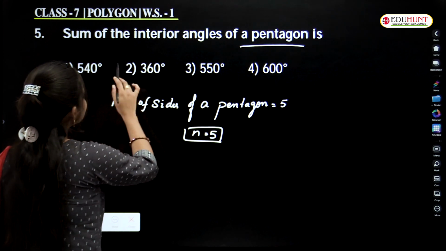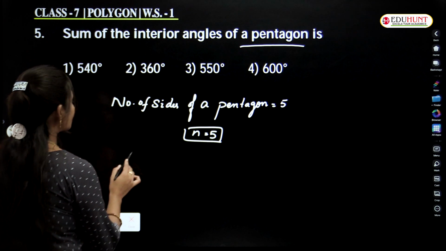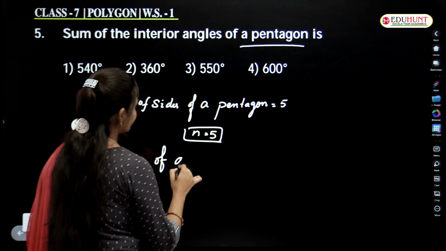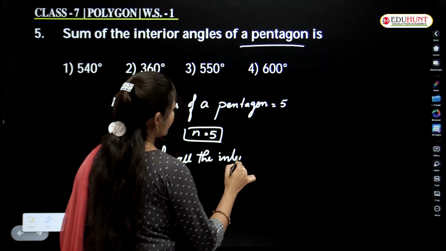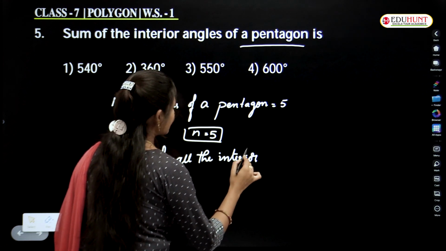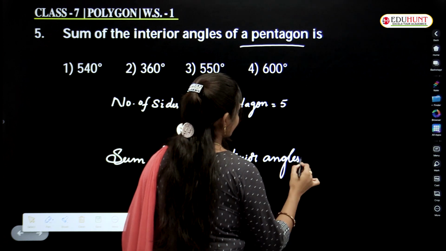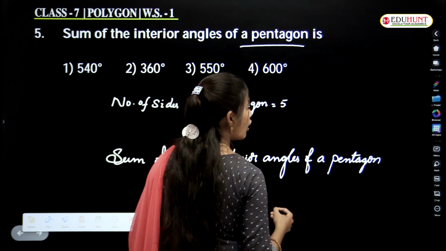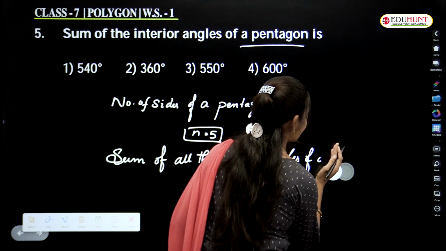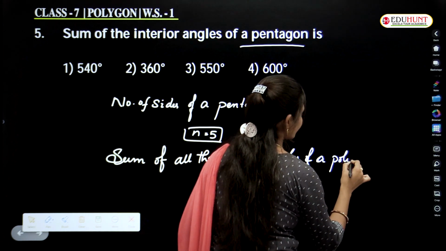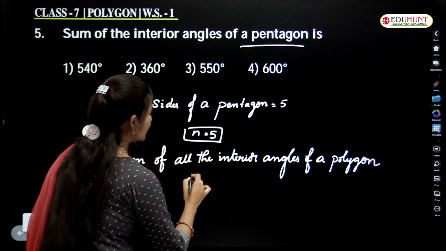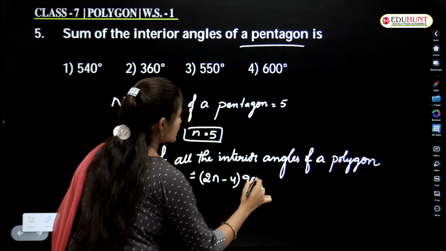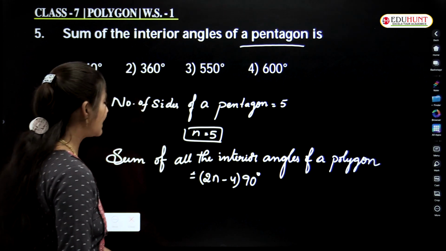After that is the sum of the interior angles of a pentagon, or of a polygon. First find the formula for a polygon. What is the formula here? 2n minus 4 into 90 degrees.